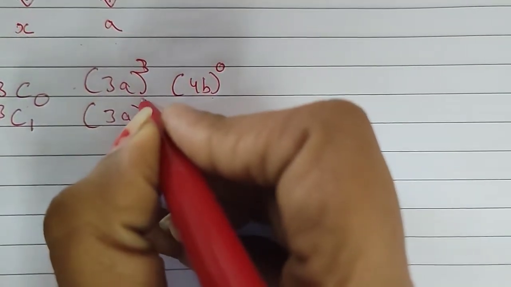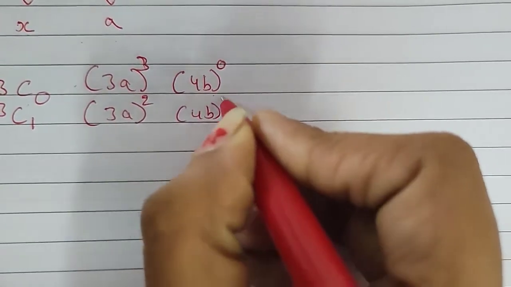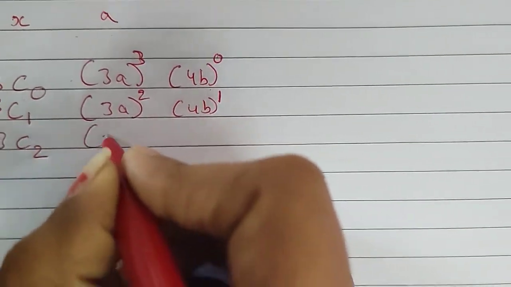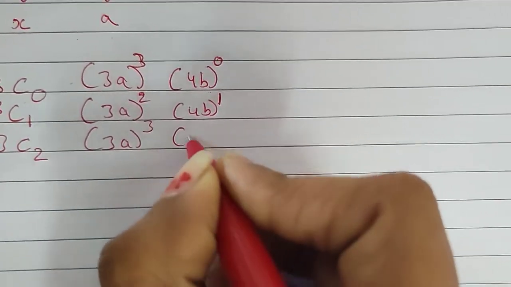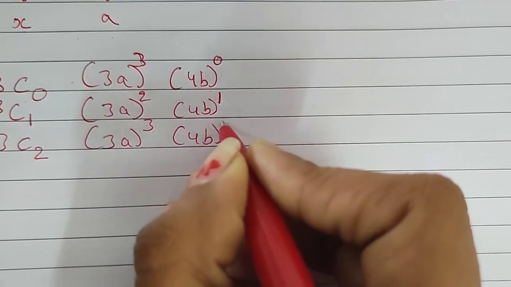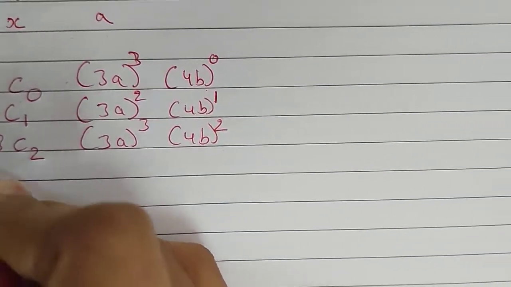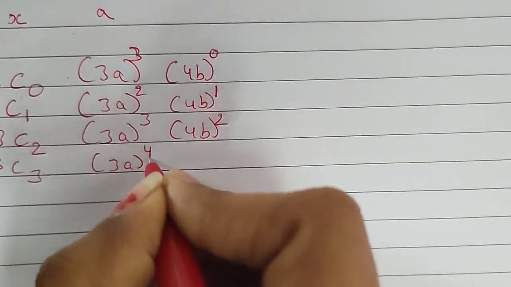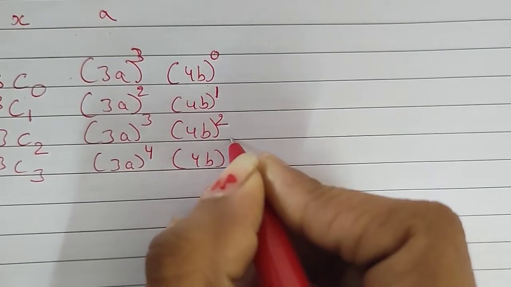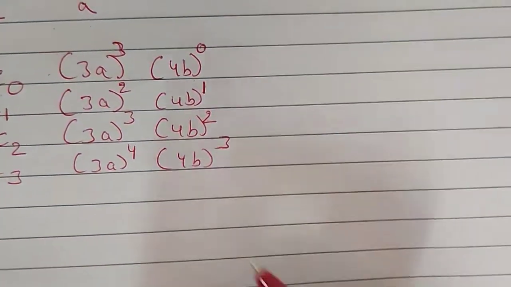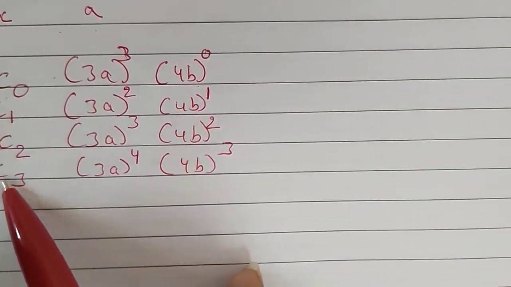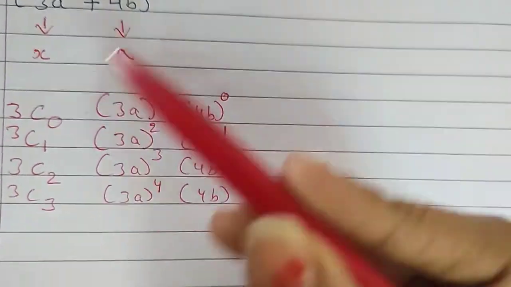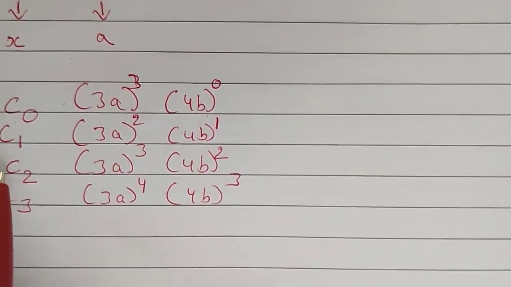So 3a raised to 2 and 4b raised to 1, plus 3C2, 3a raised to 1 and 4b raised to 2, plus 3C3, 3a raised to 0 and 4b raised to 3. So as you can see, the total number of terms you are getting is one more than your n. Here n is 3, so n plus 1, that is, total terms you will be getting is 4.